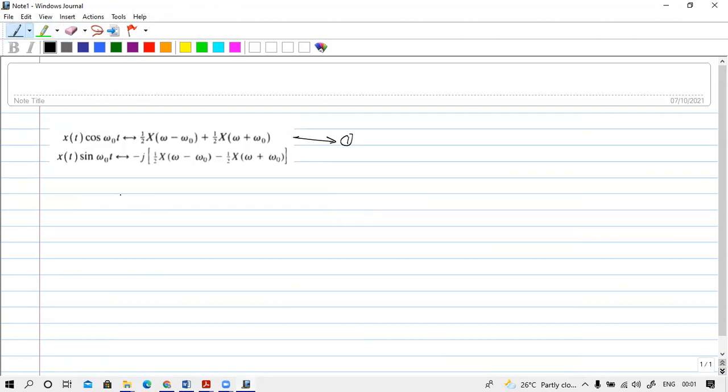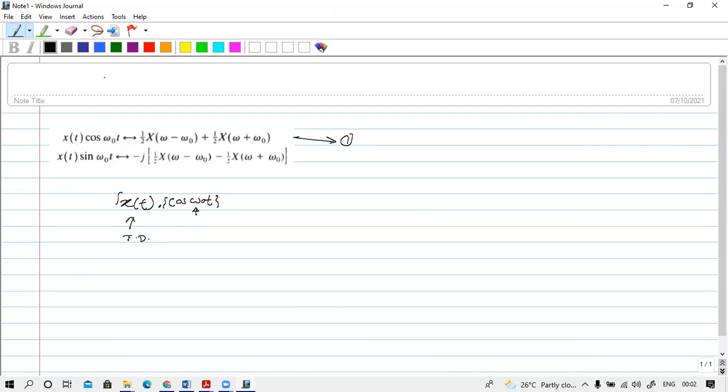So we are given xt, this is any time domain signal, an unknown time domain signal. And it is multiplied by cos omega naught t. So omega naught is the fundamental angular velocity, the angular frequency of this sinusoidal signal. So we have to find the Fourier transform of this product.